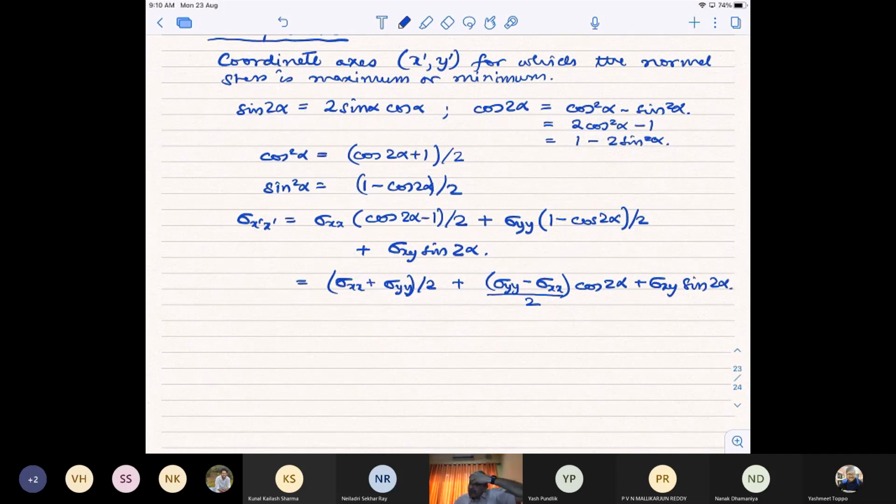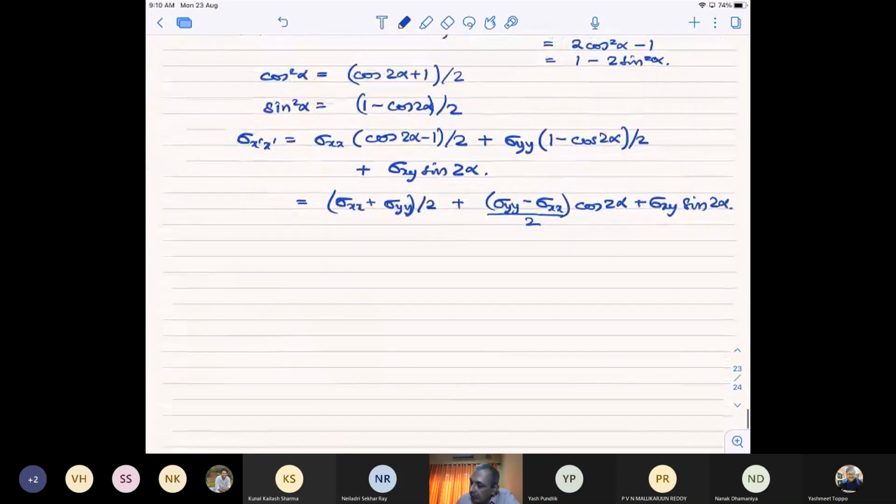So this is what we get. And now we'll simply take the derivative of sigma x prime with respect to alpha and put it equal to 0. So the first term goes to 0. Derivative of cos of 2 alpha will just give you minus sine 2 alpha into 2.